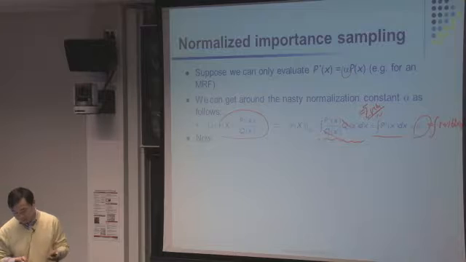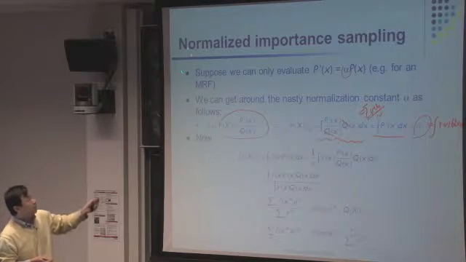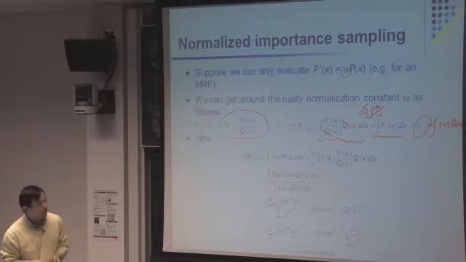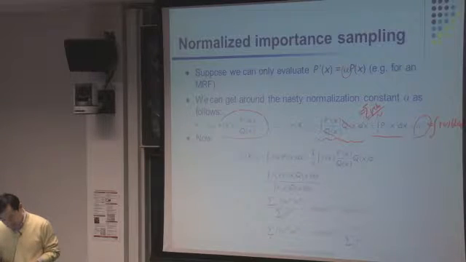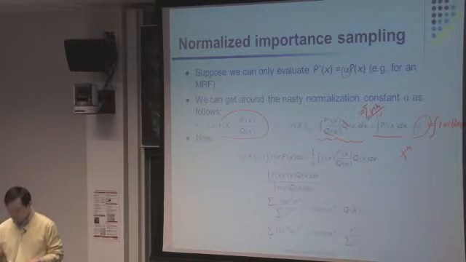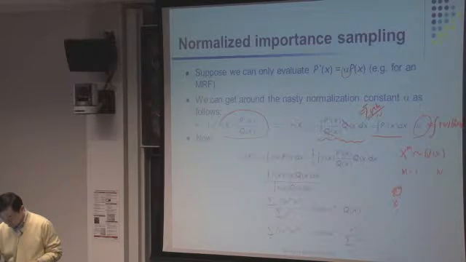And therefore, we can now do the following. The new expectation, which we call normalized importance sampling, goes like this. Let me first tell the procedure. We first get samples from Q, maybe n of them, and therefore we get x1 all the way to xn.